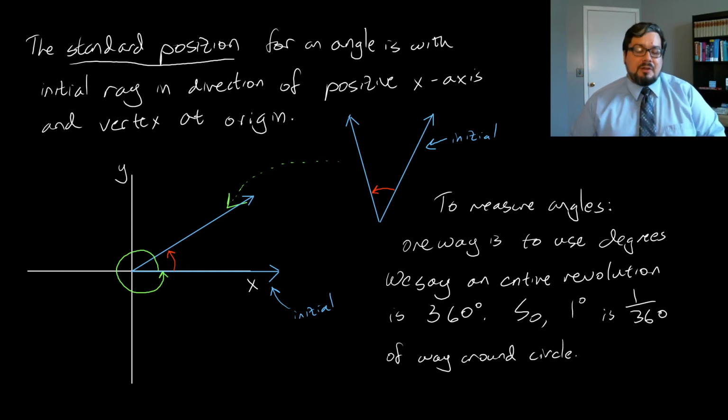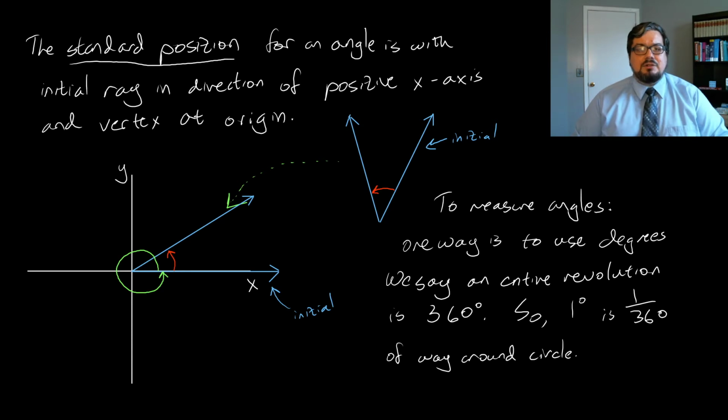So 1 degree is a very small angle, of course, as we're familiar with, but we can label some other angles that we can work with using this measurement. Although there's something that we need to do first.